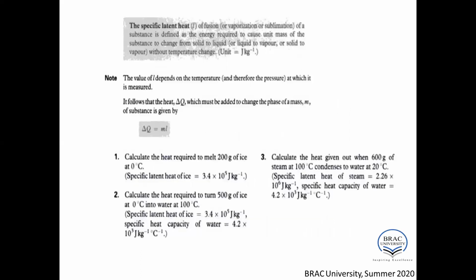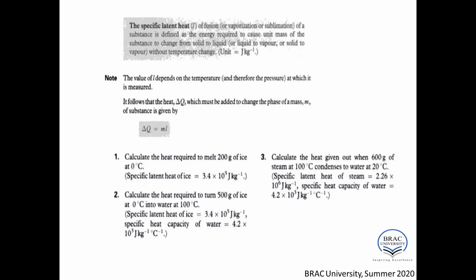Here it is also the same thing. The specific latent heat of fusion, denoted by L, or of vaporization or sublimation of a substance, is defined as the energy required to cause unit mass of the substance to change from solid to liquid, liquid to vapor, or solid to vapor without temperature change, and the unit is joule per kg.